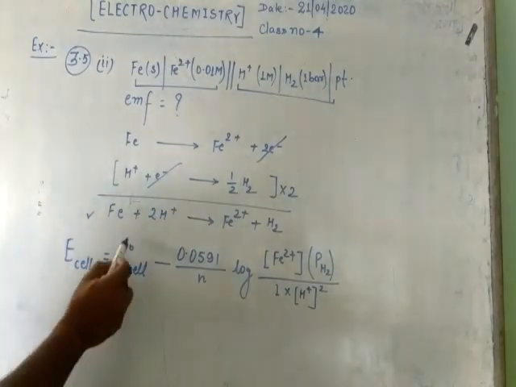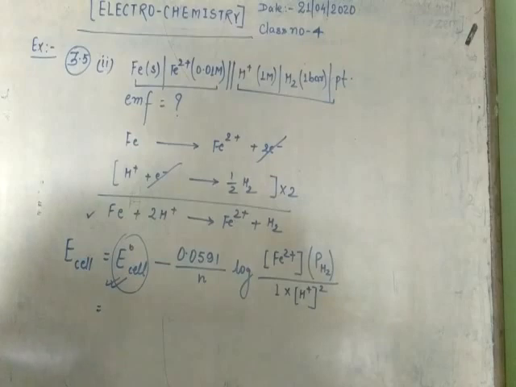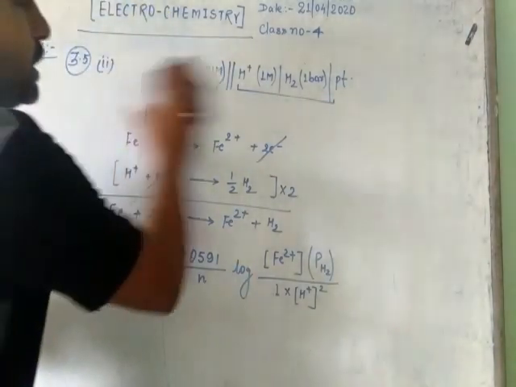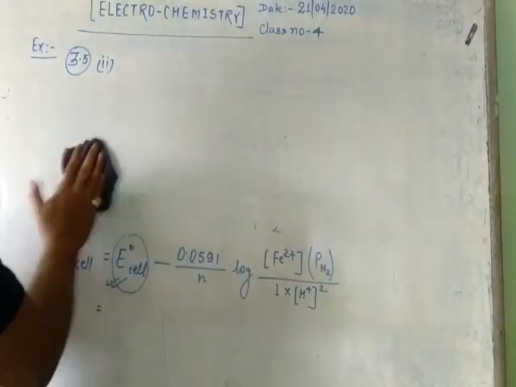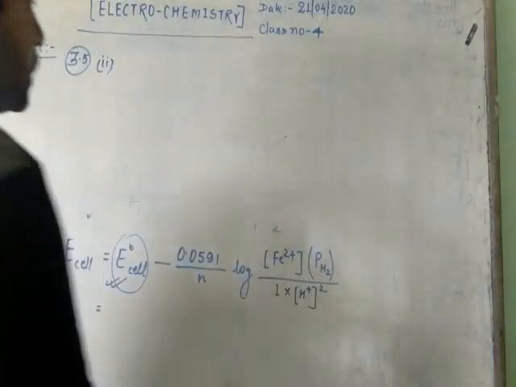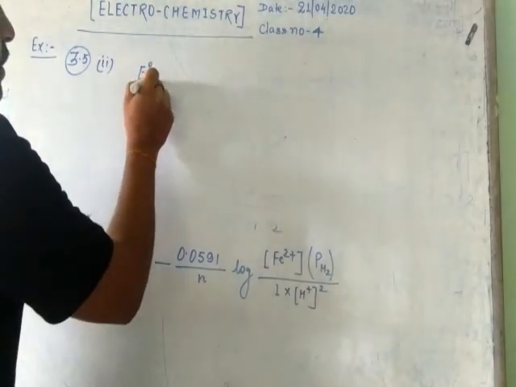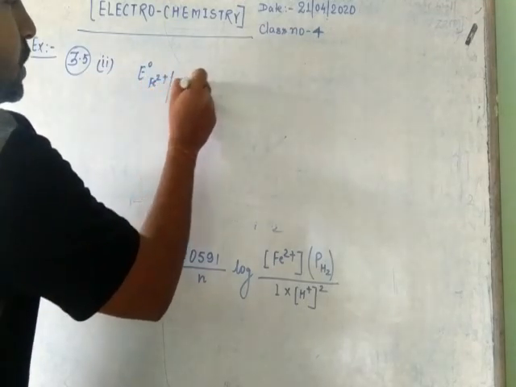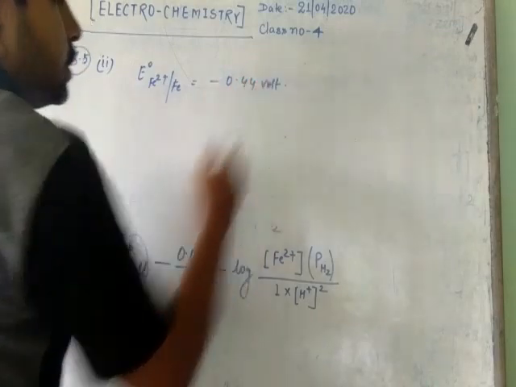Now students, we must calculate the E naught cell of this equation. So we see the electrochemical series table which was given in your last class. In this, Fe2+ to Fe is minus 0.44 volt.